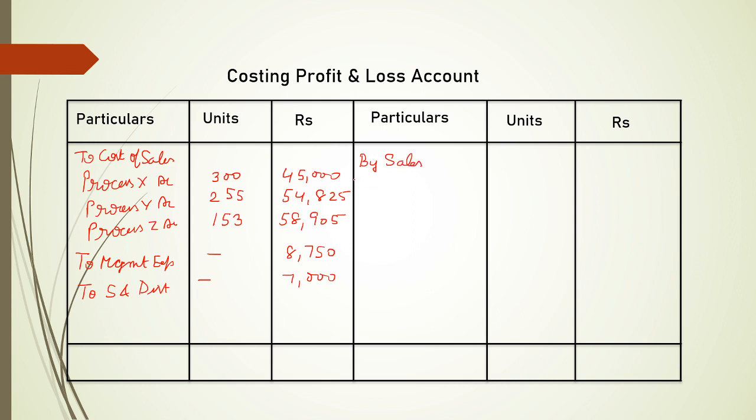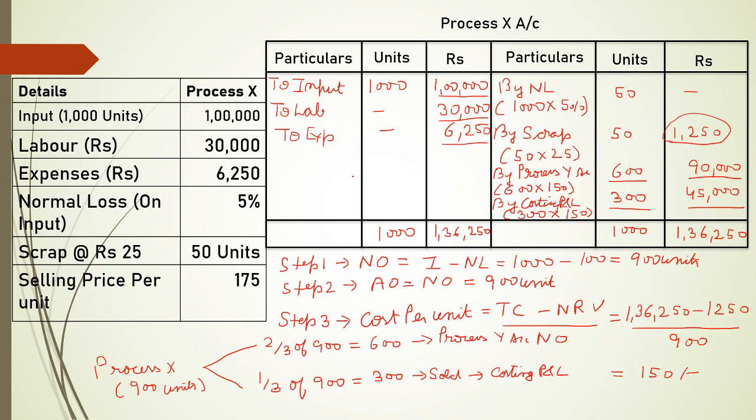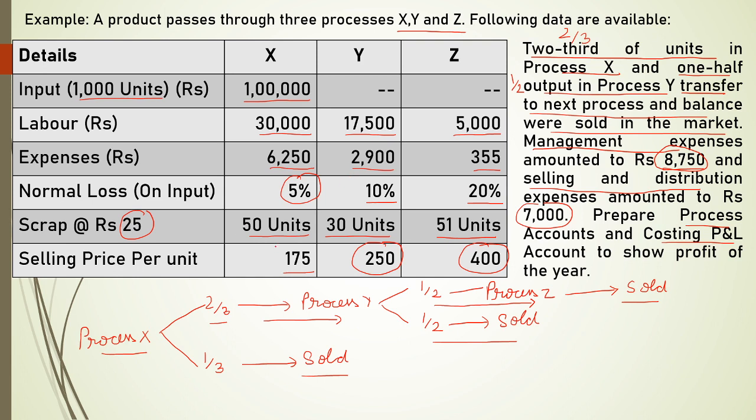Now on the credit side, we have to write the sales, and the selling prices of the output which is sold out in the market after each process are: number 1, the selling price after process X is 175 rupees, process Y 250 rupees per unit, and in process Z 400 per unit.